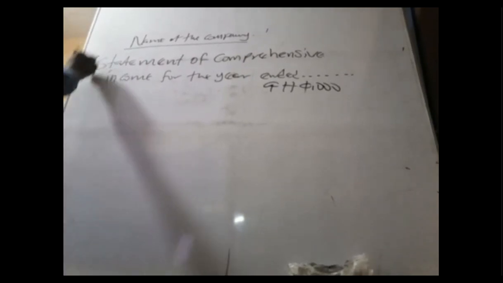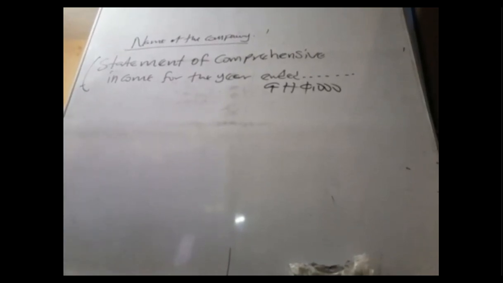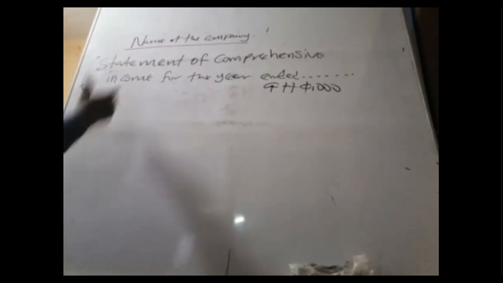Now, for the heading, there's a long approach and a shortcut. The long approach is the long version I write for you, just that your examiner may use the shortcut.